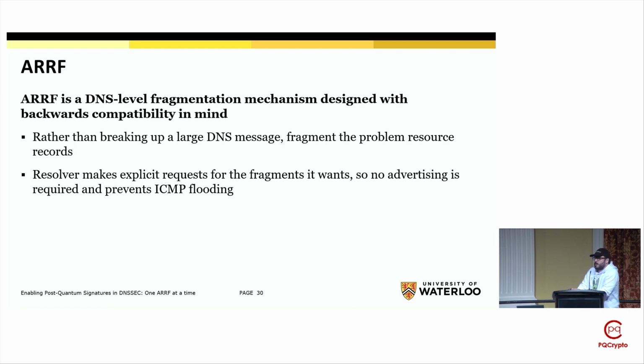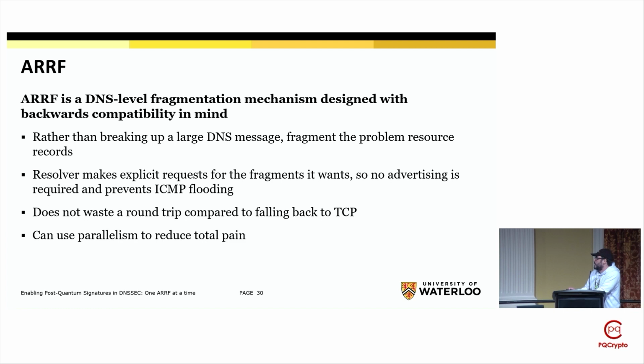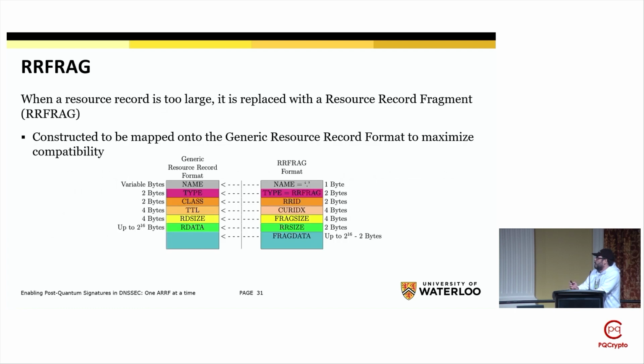Resolvers will also explicitly request fragments that they're missing or need, and this will mean that you won't have to advertise that you support ARF, and it will also prevent denial of service amplification to a certain extent, as well as ICMP flooding. And we do not waste a round trip compared to falling back to TCP. And then we can also abuse parallelism to reduce the overall pain of transmitting these larger messages.